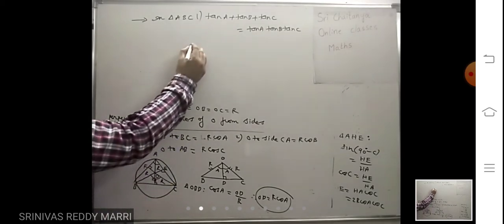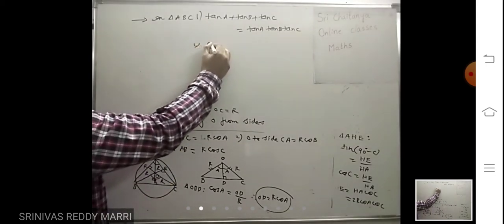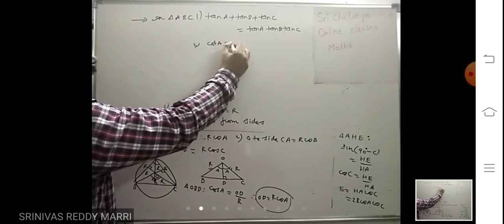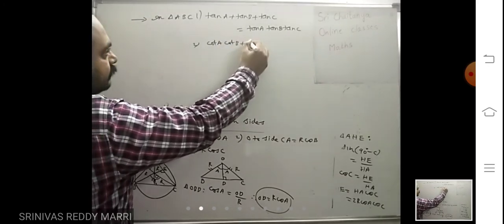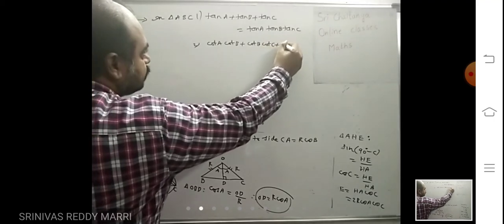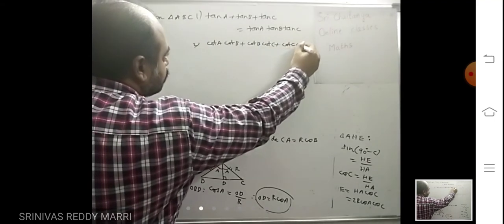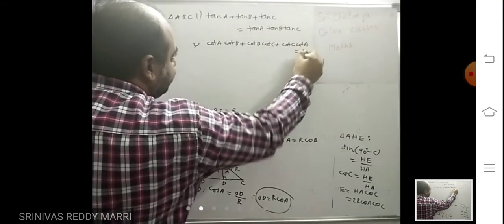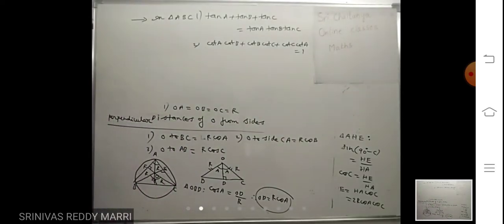And the second identity is cot A cot B plus cot B cot C plus cot C cot A equals 1. In triangle ABC, these two are identities.